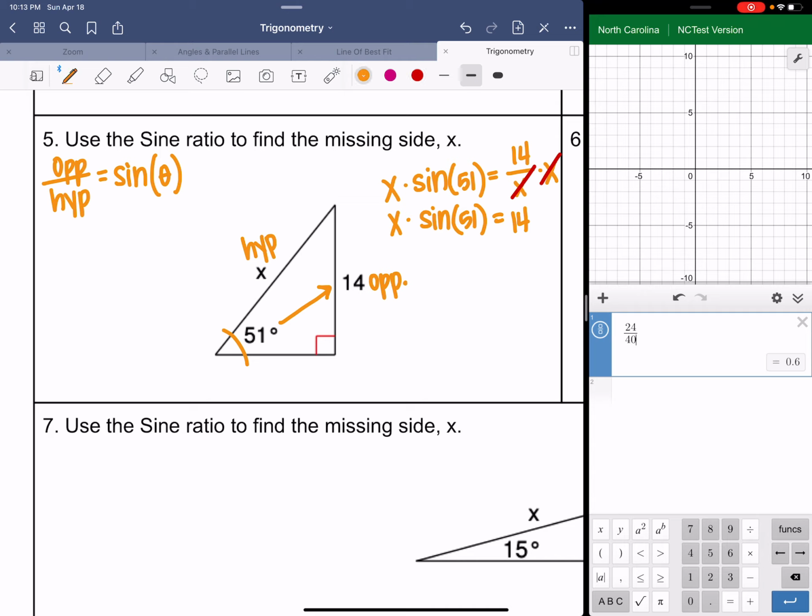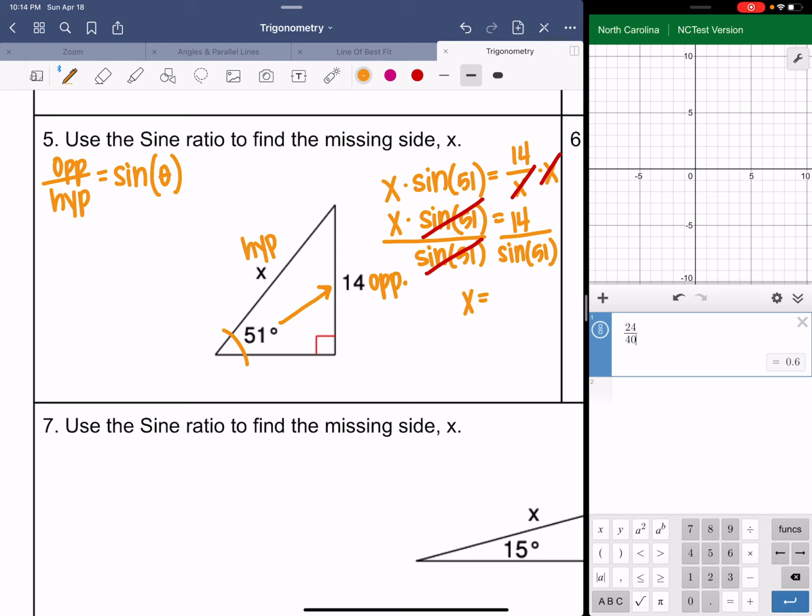All right, now we want to continue getting x by itself, so we need to undo this times sine 51 by doing division by sine of 51. So we're treating that just like it's a regular number. So we're going to divide by sine of 51 on each side. Now sine of 51 over sine of 51 is 1, so that cancels each other out. And we're left with just x equals.